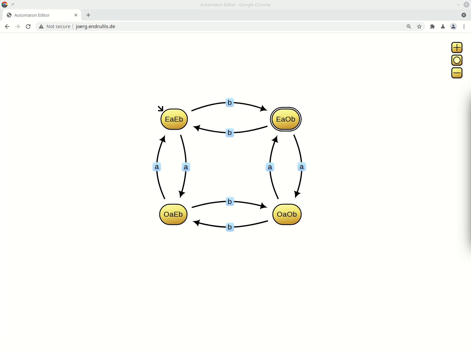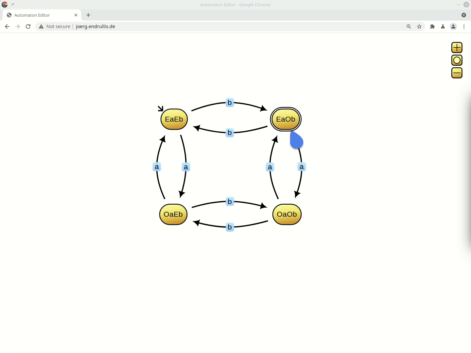Now the first step of our construction was to make the automaton have a single starting state and a single final state. And luckily the automaton is already in good shape. We only have one starting state and we only have one final state. So there's nothing to be done in the first step.